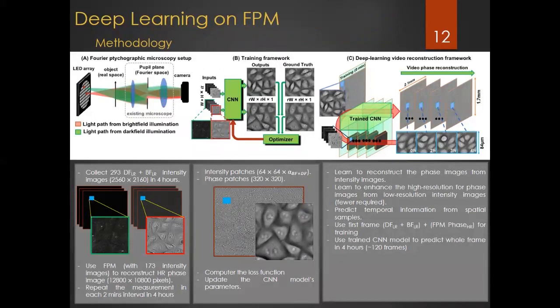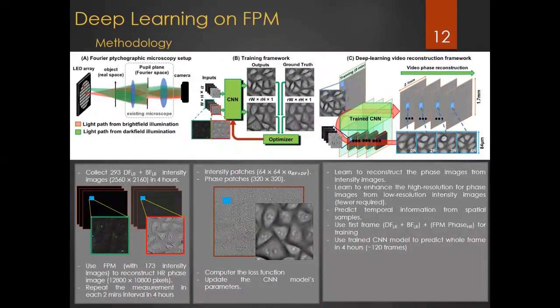So deep learning comes into play. I want to use deep learning to reconstruct the image from the intensity image. The setup I use in this work is an LED array that illuminates the sample from multiple angles and collects the data.